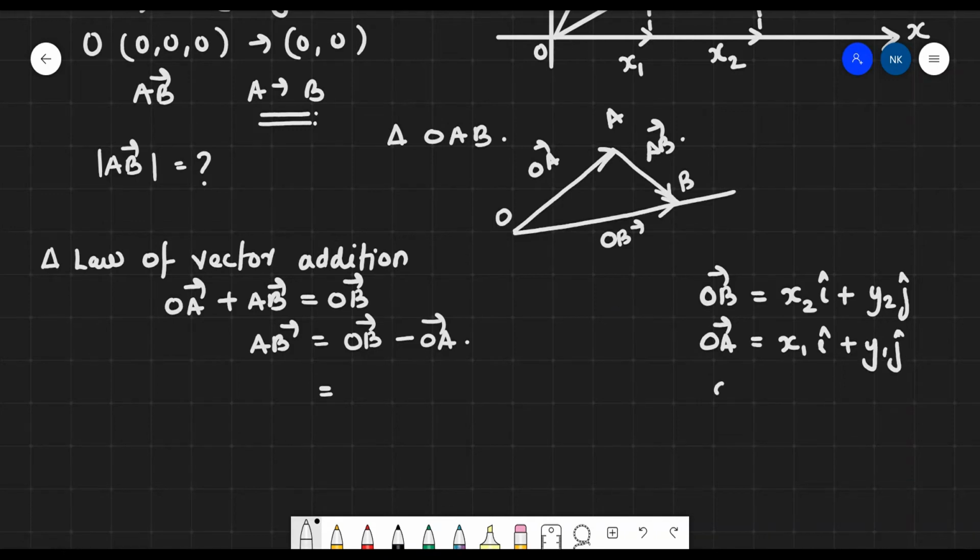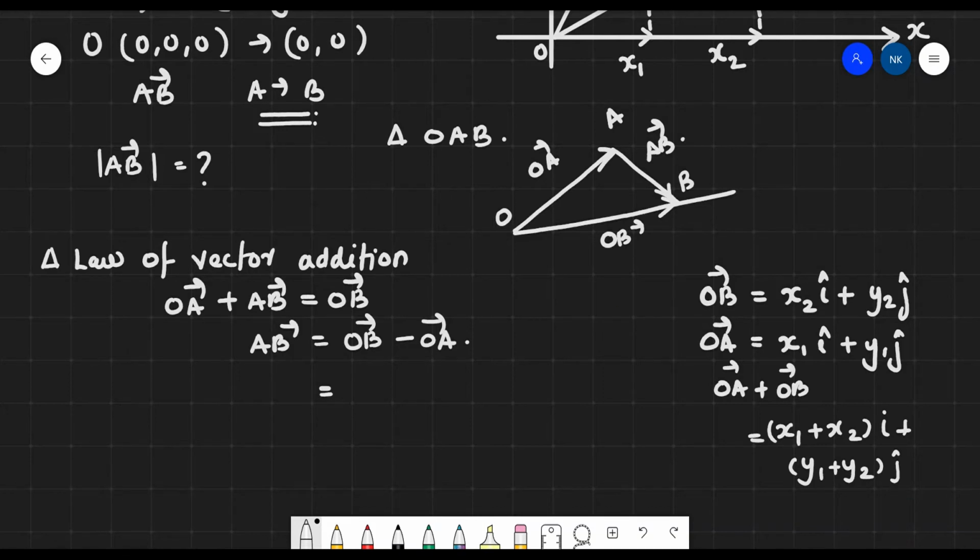If we need to add OA plus OB vector, what will be the resultant? The resultant is going to be x1 plus x2 i cap plus y1 plus y2 j cap.